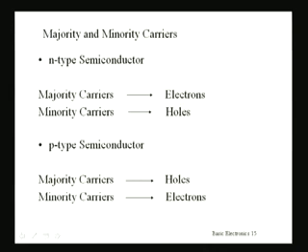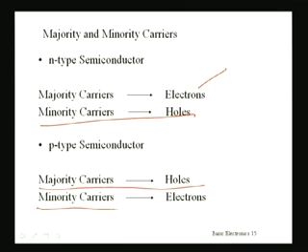So this is p-type material where all these carriers and ions you see here. So now we can summarize that in n-type semiconductor, the majority carriers are electrons and minority carriers are holes. And in p-type semiconductor, majority carriers are holes, but minority carriers are electrons. So these are the charge carriers available in n-type and p-type semiconductors.